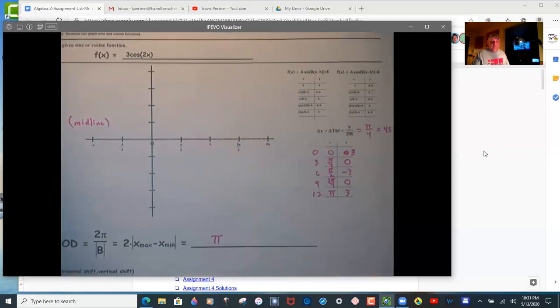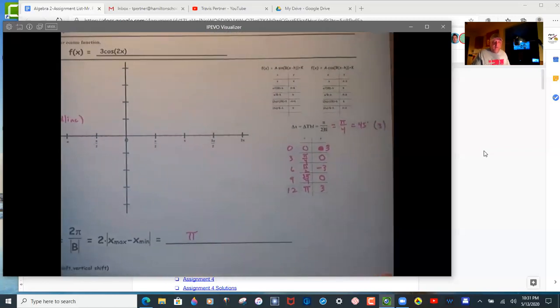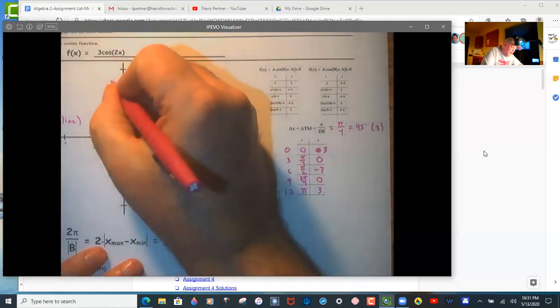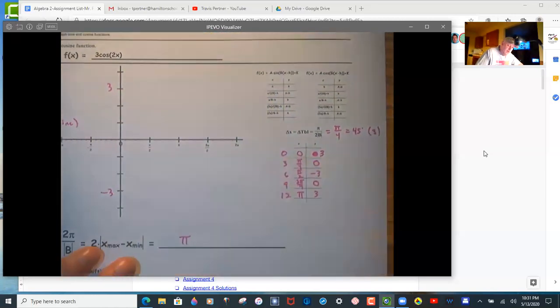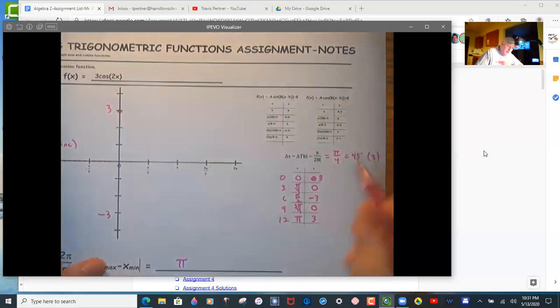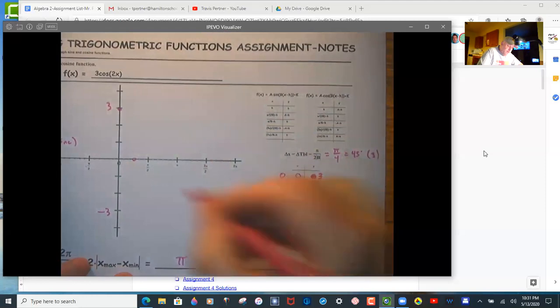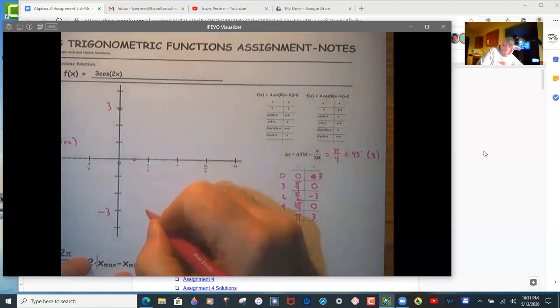It could be something other than 0. We've just dealt with the ones that have been 0 because it's the easiest approach to start with. So up to 3, we have to go.